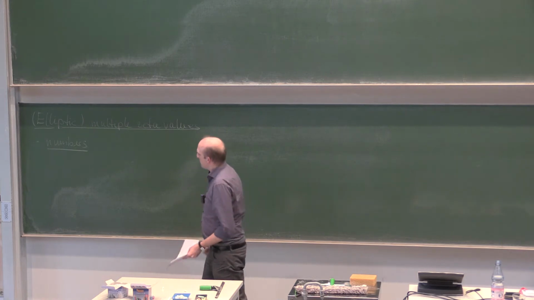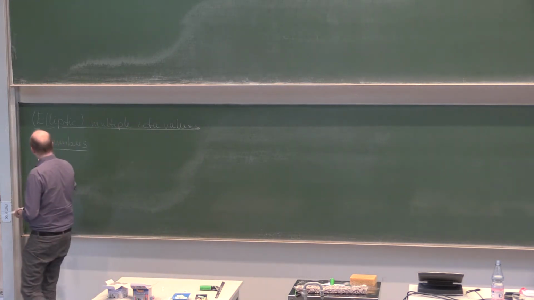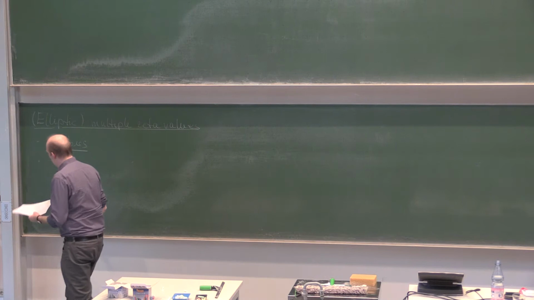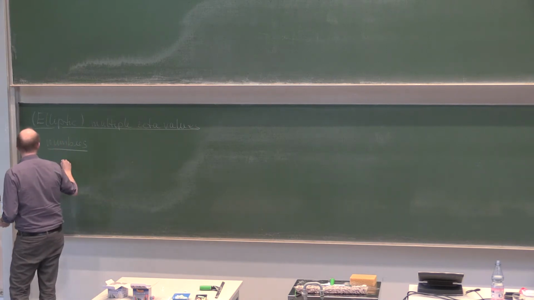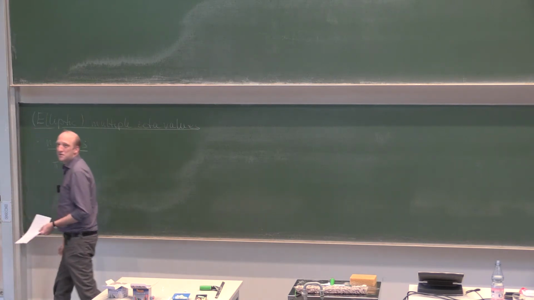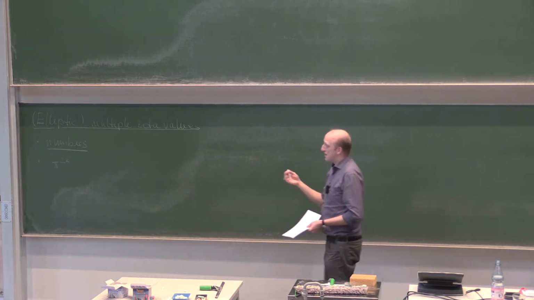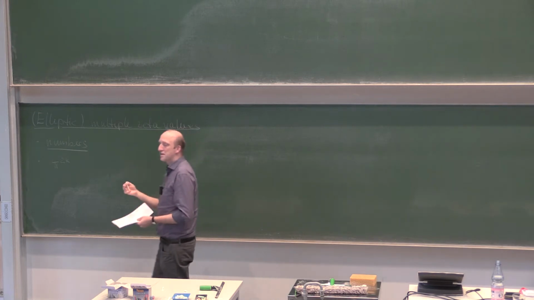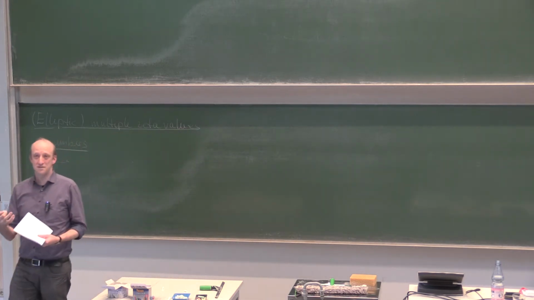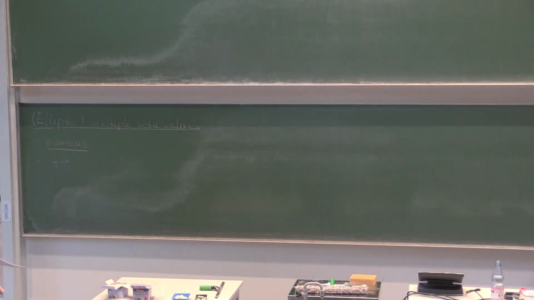So if you calculate a scattering amplitude, indeed you will get things like pi to the power 2k as a coefficient. So this is not about the dependence on kinematical parameters, but about the coefficients which show up in front of these parameters.